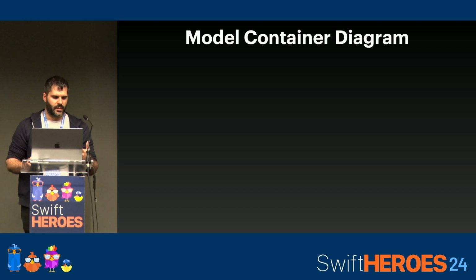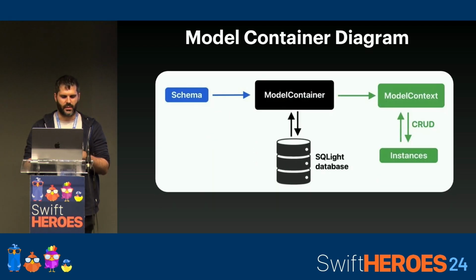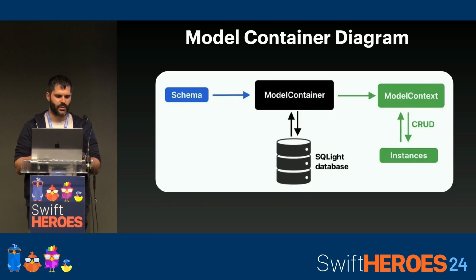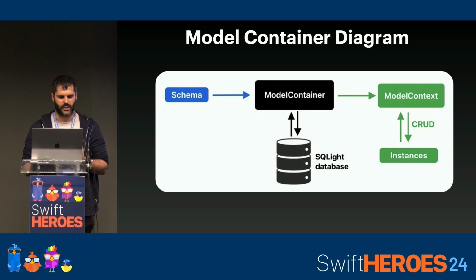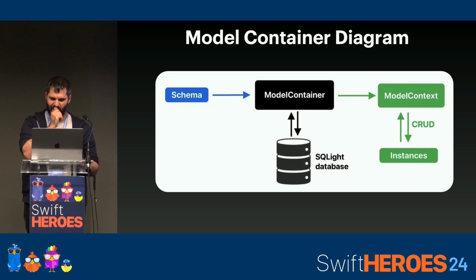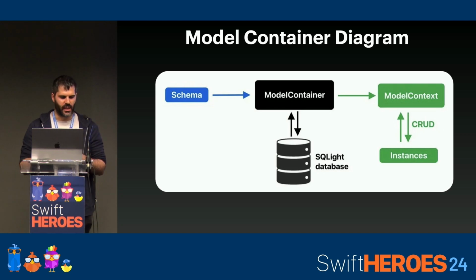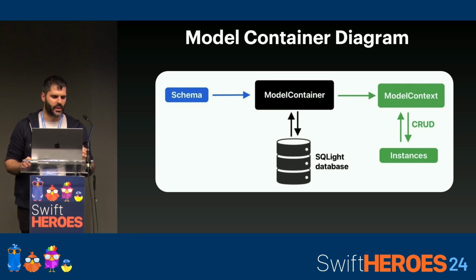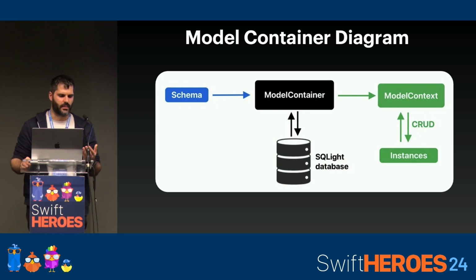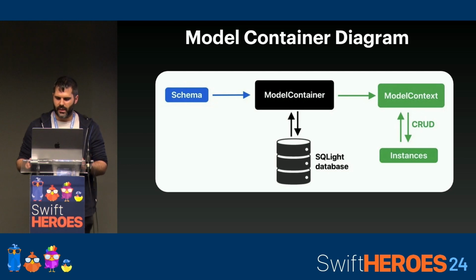Before we start, I'll explain the diagram and the relationship between the elements that we can use with our SwiftData framework. The first one is the schema. Our model defines our schema. In our case, with Pokemon, we already have a schema. But if we want to create a complex schema, we can use a specific class to do that. Then we have our model container.